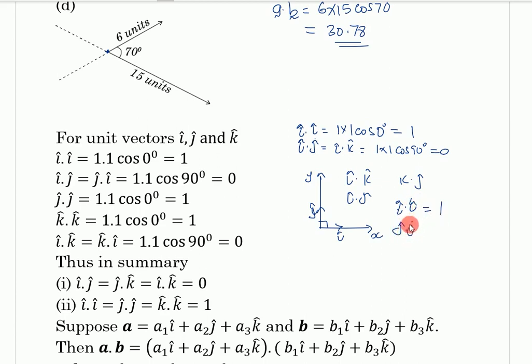J dot J, you get 1. K dot K, you also get 1. But the moment you have a mix of those unit vectors, I dot K, I dot J, K dot J, all of those get us 0.